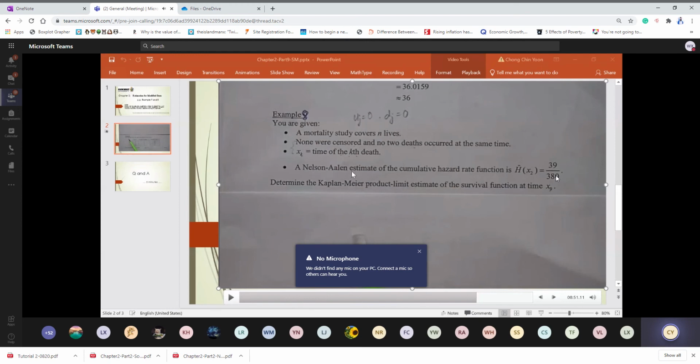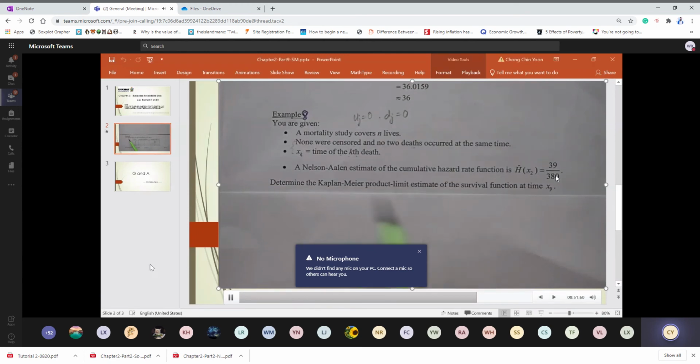The information is given in terms of Nelson-Aalen, but they ask you to calculate by Kaplan-Meier, or maybe the other way around. You have to read the question carefully. Do not simply assume. Once you have found n, which is 20, and all the information they have, now I apply Kaplan-Meier to calculate the survival at x9.